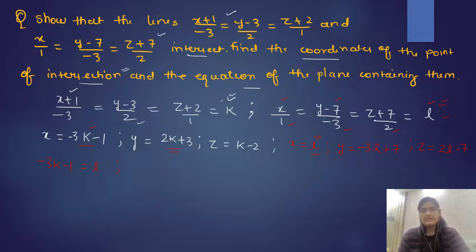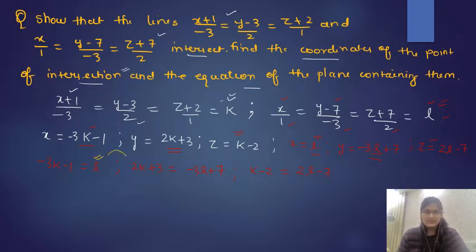Then here you have 2k plus 3 as y, and here minus 3L plus 7 as y, and then here you have z as k minus 2, which will be equal to 2L minus 7, right? This is it.